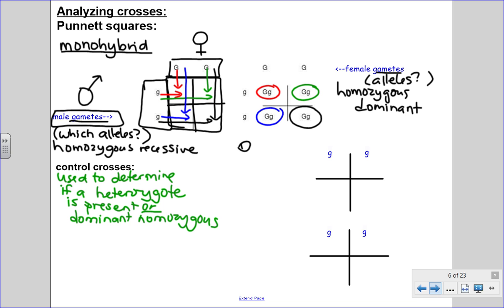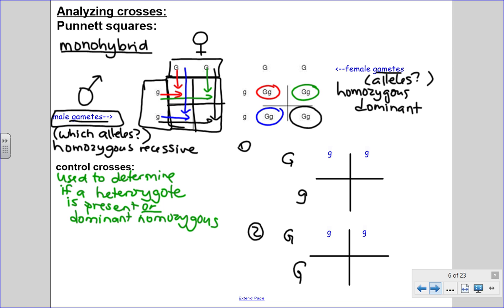So we'll do two examples. Let's say that I had a heterozygote. That would mean they had one of each allele. That'll be the first example. In the second example, we'll say it was homozygous dominant.